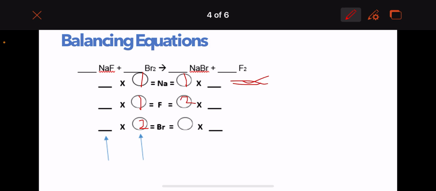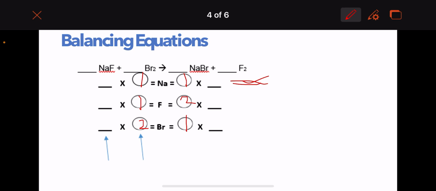And 1 bromine. So now I'm just going to go down and look and see if everything looks okay. So sodium, I've got 1 on each side. That looks cool. But on fluorine, I've got 1 on the reactant side and 2 on the product side.